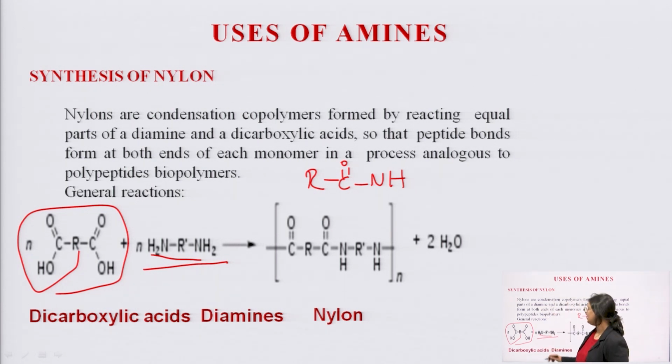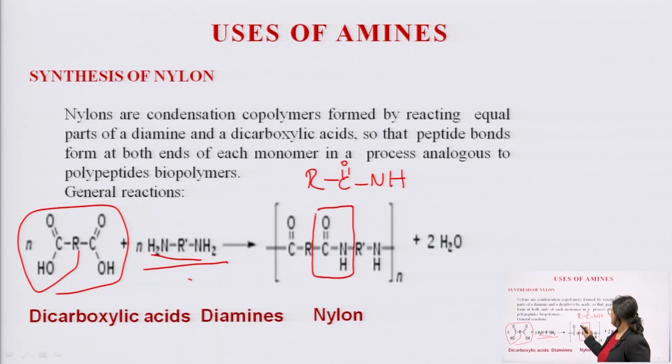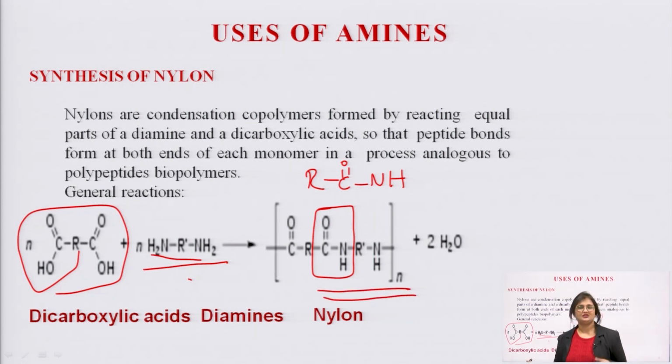Here we take a dicarboxylic acid and make it react with the diamine, so a C double bond O NH bond is formed on both the ends of the diamine and the dicarboxylic acid. The chain of n number of these makes up nylon.